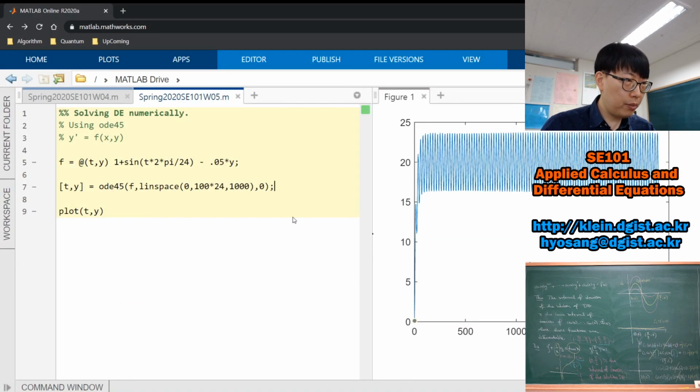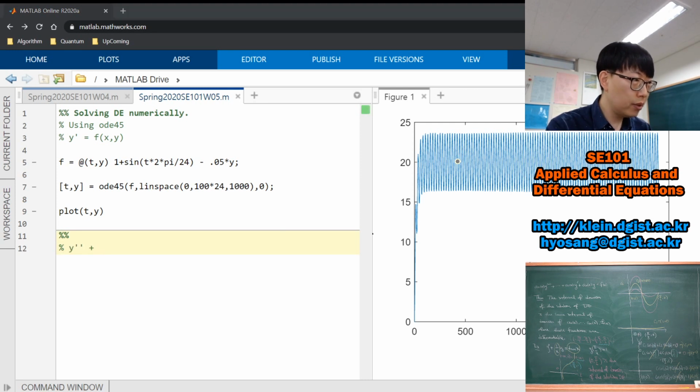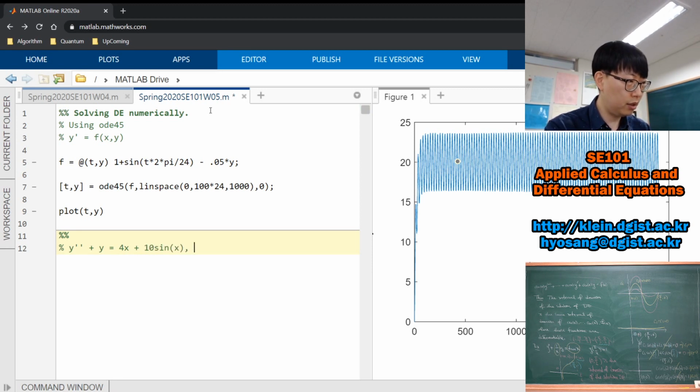So remember that formula, and let me rewrite that in here. So y double prime plus y equals 4x plus 10 sine x. Okay, and initial condition y(pi) equals 0 and y prime(pi) equals 2.